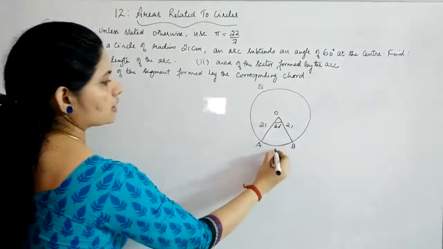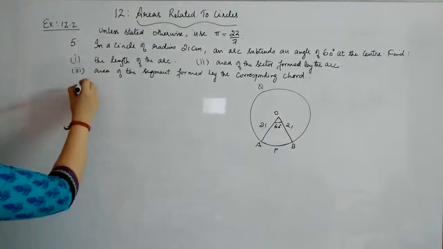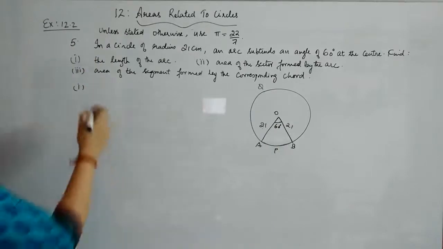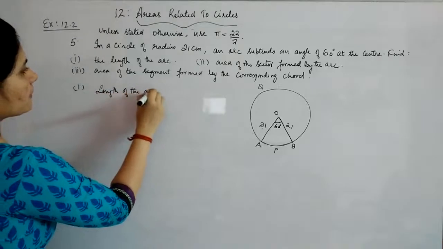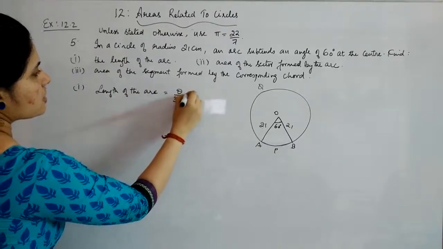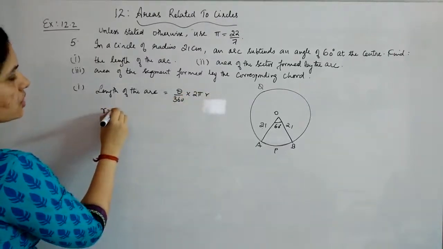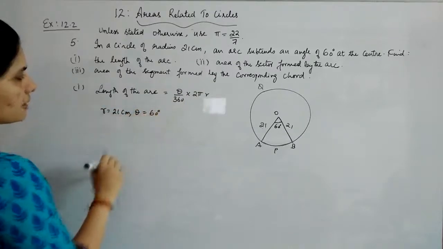Let this be Q and this be P, so that the length of arc APB you have to find out in the first case. And what is the formula for the length of an arc? Theta by 360 into 2 pi r. Okay. So length of the arc is equal to theta by 360 into 2 pi r. Here you have r is equal to 21 centimeter and theta is equal to 60 degree.